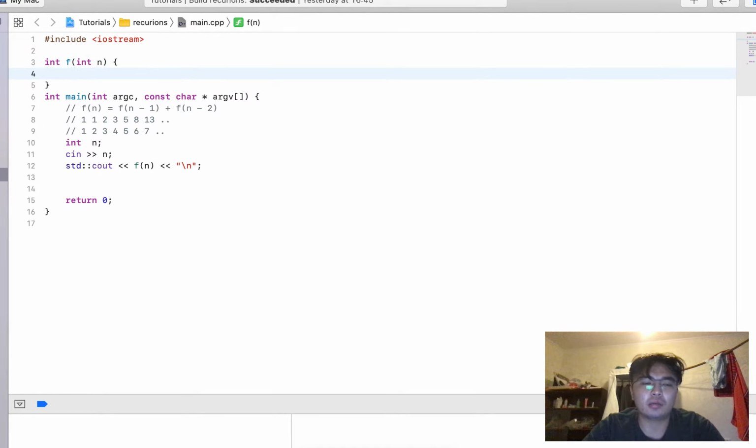So if, let's say, our n is 5, n here will be 5, and we will call the same function with fn minus 1, and it will become 4.